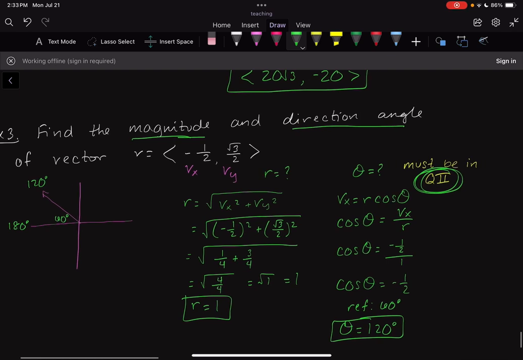For instance, I'll show you this as well. We could have used sine to help us here. And it's not that bad if you do it by hand, but I'm trying to show you if you had used the calculator for this, it would have told you that theta is 60 degrees.